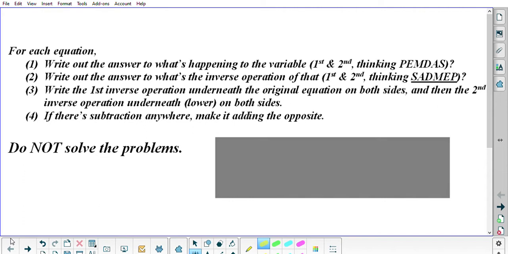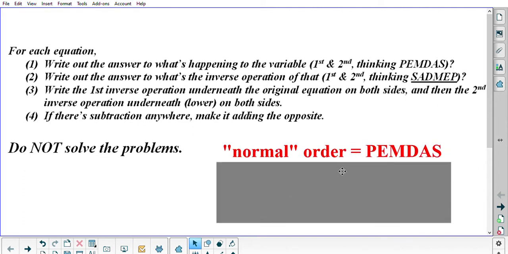So let's quickly review something, and you might want to jot this down. The order that we have been using to evaluate expressions or to simplify expressions has been the order of operations, which we sometimes just call PEMDAS. Some people call it, please excuse my dear Aunt Sally.